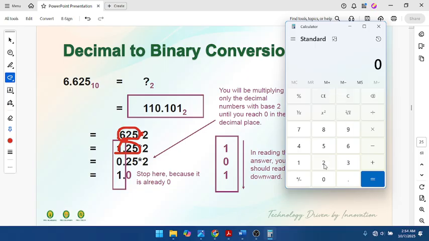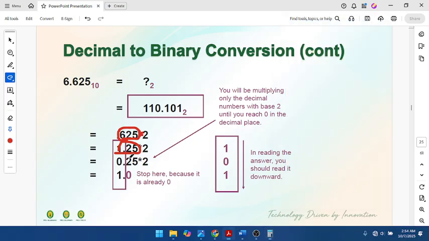Wait. 0.25 pala. So 0.25 times 2 equals 0.5. Dapat 0.5 po ito, ha. Mali. 0.5.